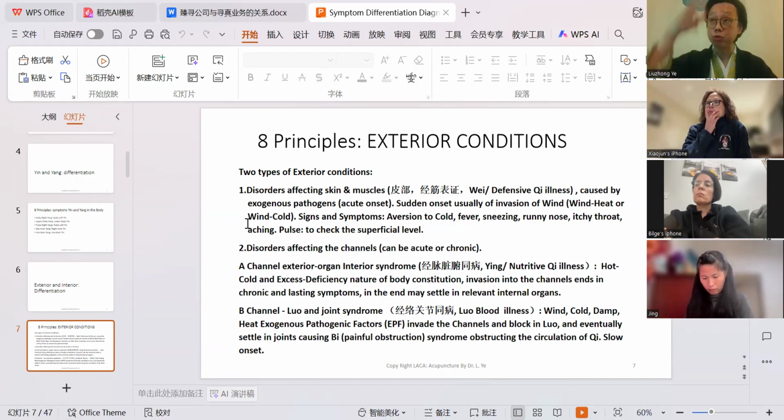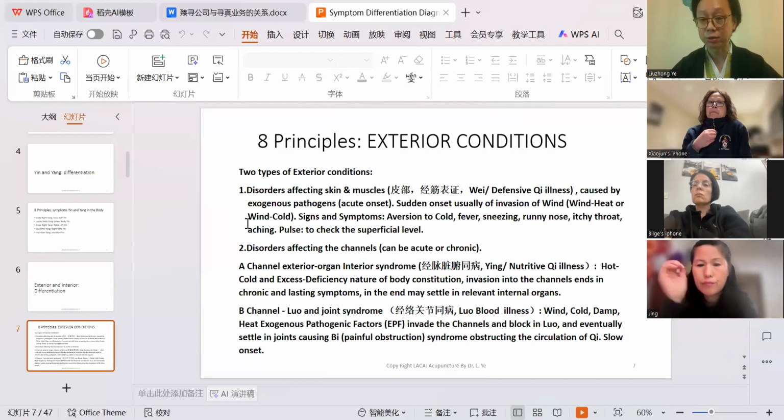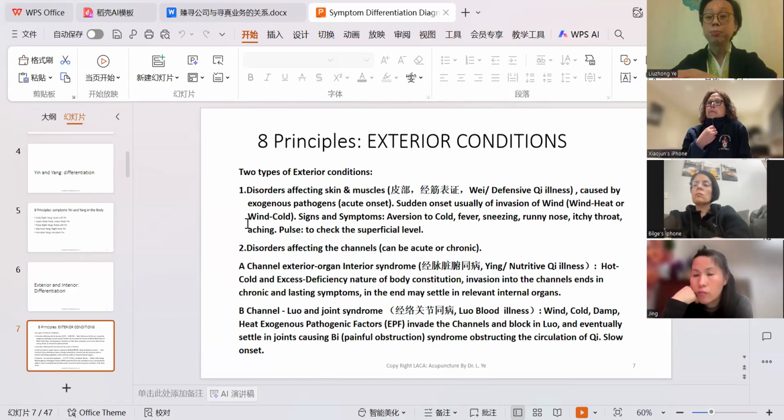On the structure of the meridian system, there are different layers. The first layer, the outermost layer, is the skin sections, which we call 皮部. The second layer is the 筋, in English the tendinous and muscular sections. Then it goes into the primary channels, called 经脉.